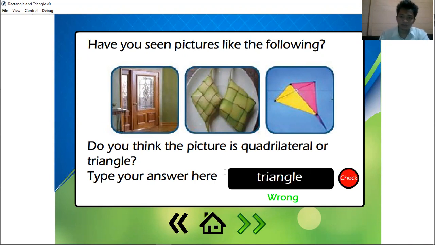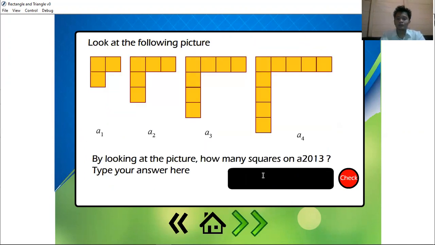But if the student answers it right, then check. It's correct. Next, look at the following picture. By looking at the picture, how many squares are there? Type your answer here. Students can type the answer. If the student types the wrong answer and checks, it's wrong.